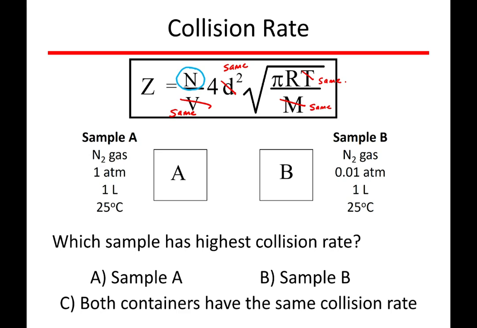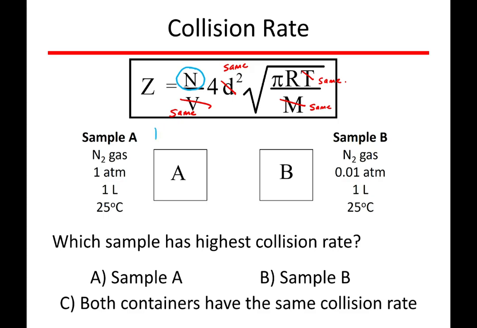And to see how they're different and to see how you can evaluate which sample is going to have the higher collision rate, it's important to use the ideal gas law to relate the number of moles of gas or the number of particles of gas to other quantities that the problem gives you, like pressure, volume, and temperature.